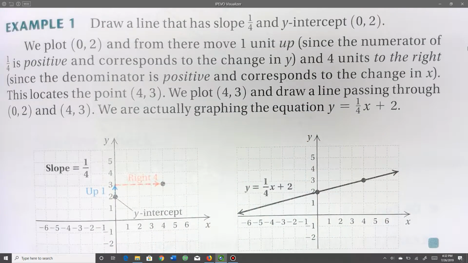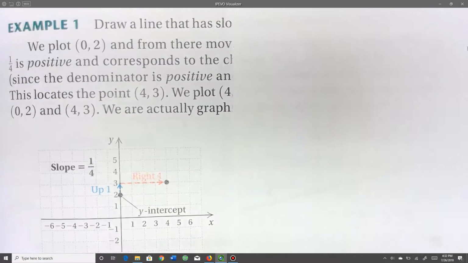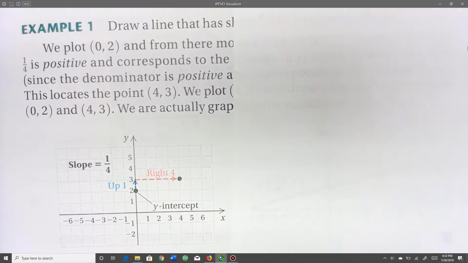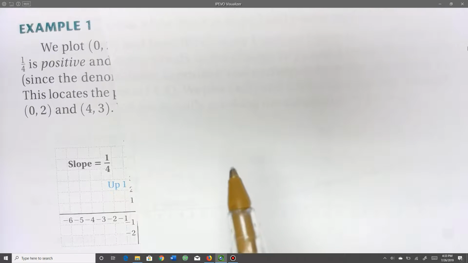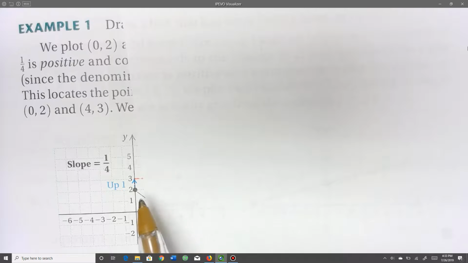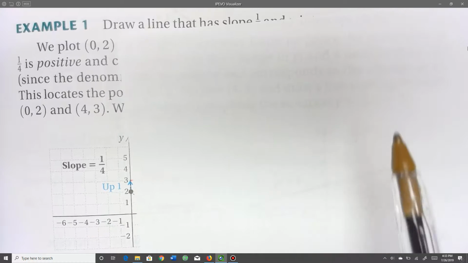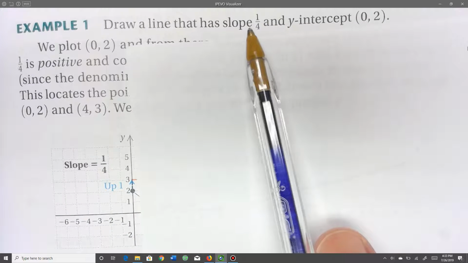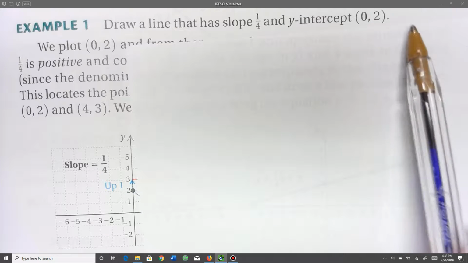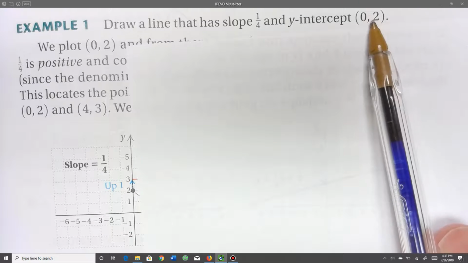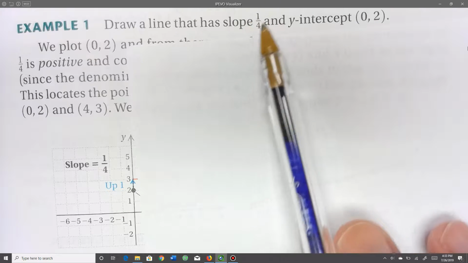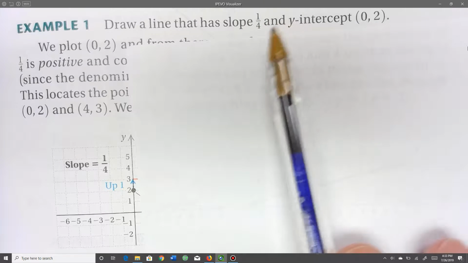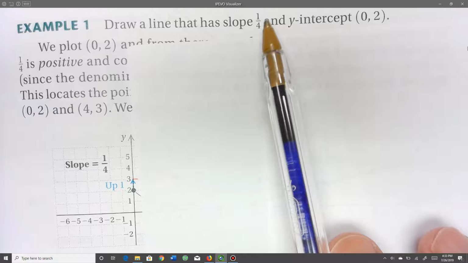So let me cover this side, because we start here, okay? We start at the y-intercept, which was (0, 2), because that's where you need to start. You can't plot the slope without any information, okay?